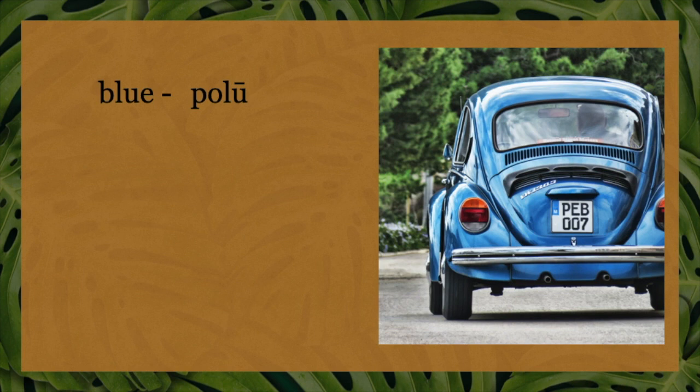In this case, we've taken the English word blue and transferred it to use the letters that are in the Hawaiian language. You can hear that pulu sounds like blue. We'll talk a little bit more about some other words that are used for blue objects, but just know this is one example where it's a transliteration word.